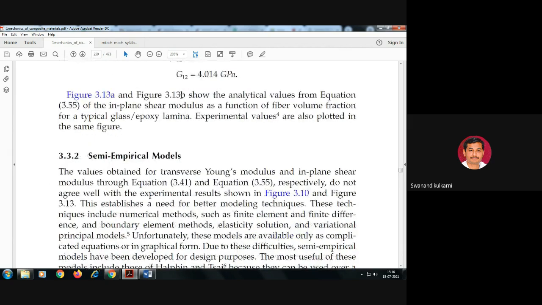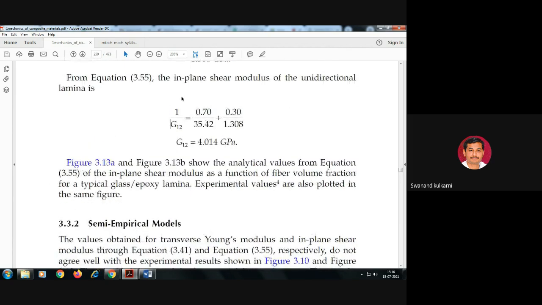Is it okay? So this particular approach with which we are calculating longitudinal Young's modulus, transverse Young's modulus, in-plane shear modulus, major Poisson's ratio, minor Poisson's ratio, density, weight, volume, all these things we have seen.